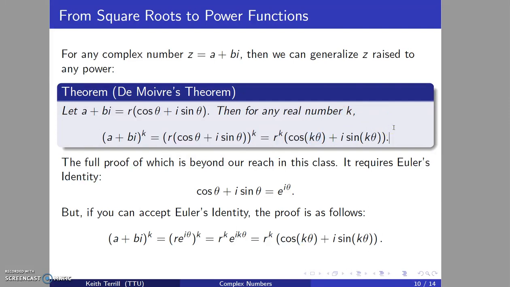I'm not going to, because the best proof of that for all real numbers k requires the use of Euler's identity, which, by the way, is a head-exploding thing. Cosine theta plus i sine theta is actually equal to the natural exponential e to the i theta. I'm raising e to a complex power, and that's equivalent to cosine theta plus i sine theta.